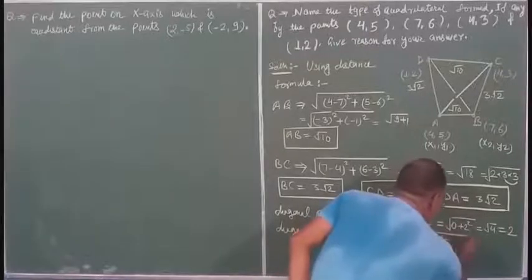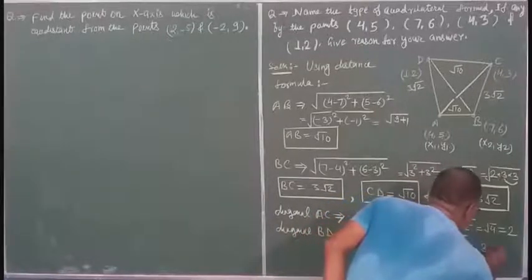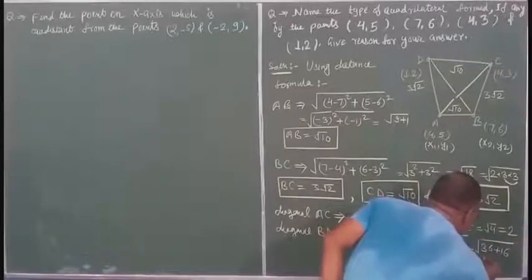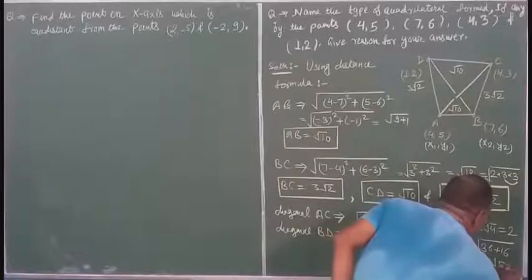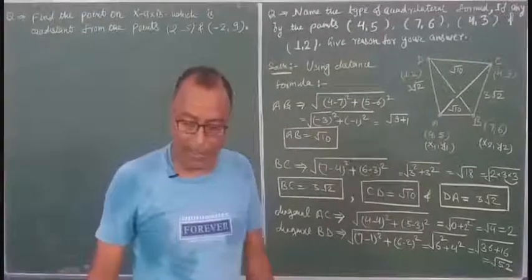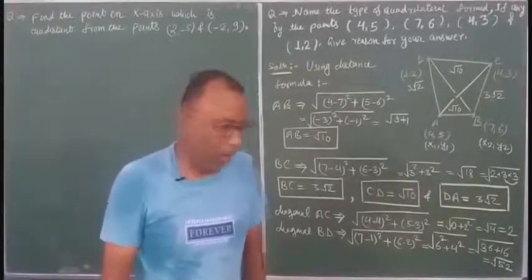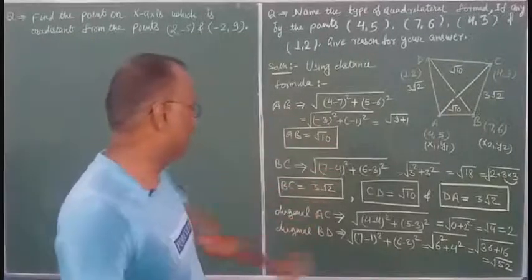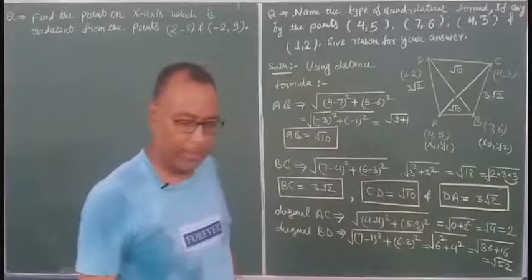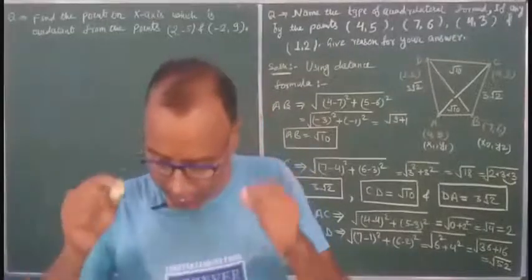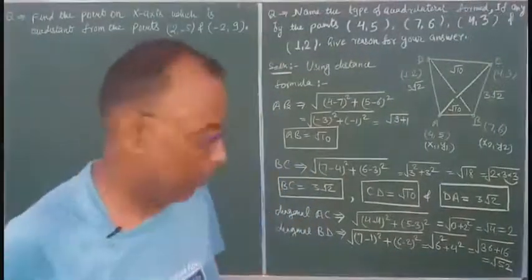So this is 36 plus 16, and that is under root 52. So what's happening here? The opposite sides are equal, but the diagonals are not equal.